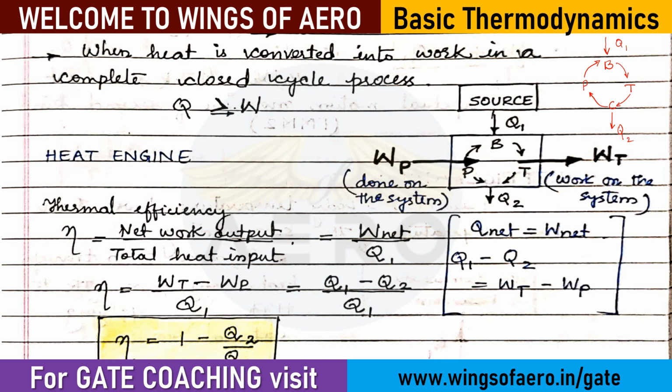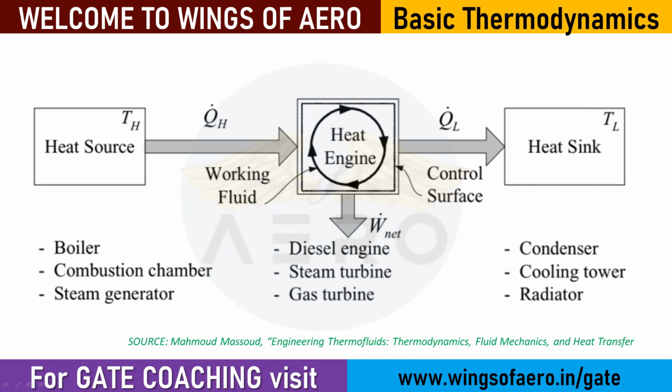Now there is a component called turbine, and work is always done by the turbine, so we use it as a positive WT. The work in the pump is compression work, so we call it WP.